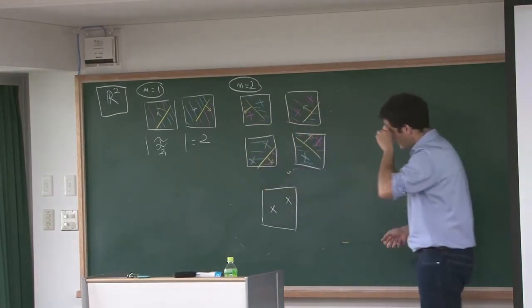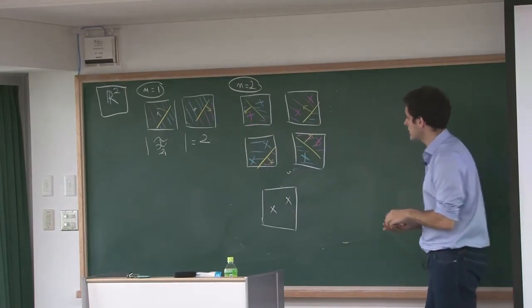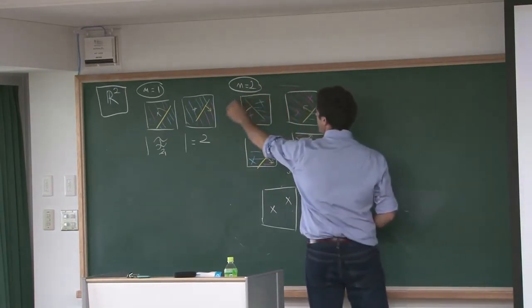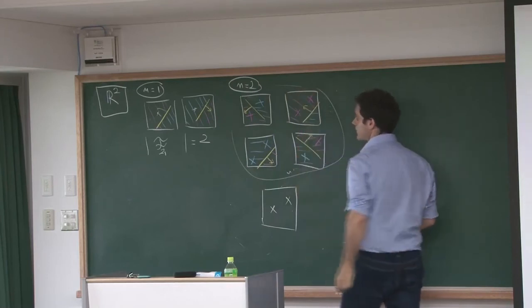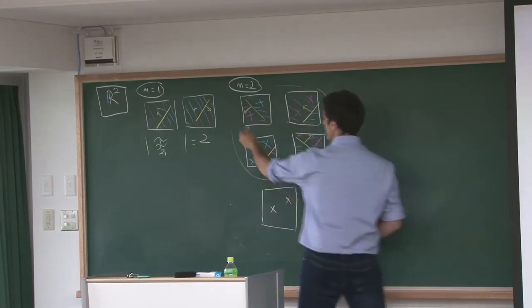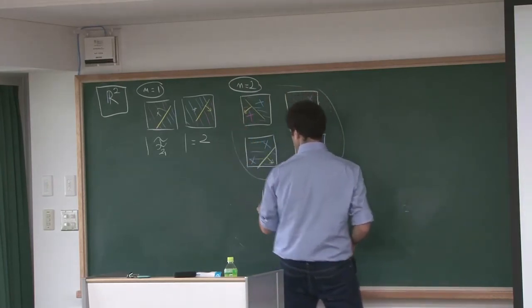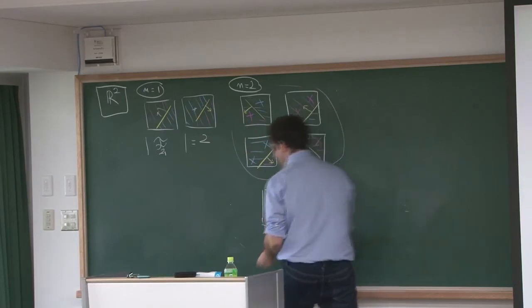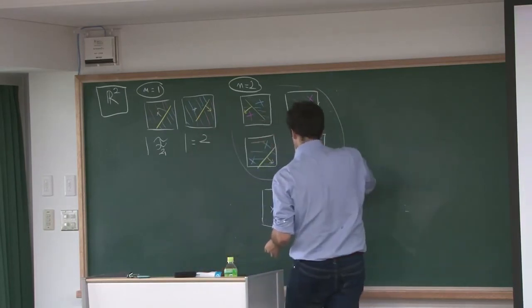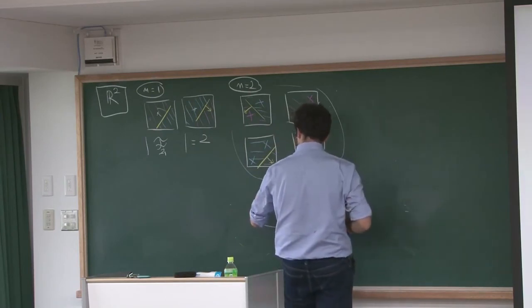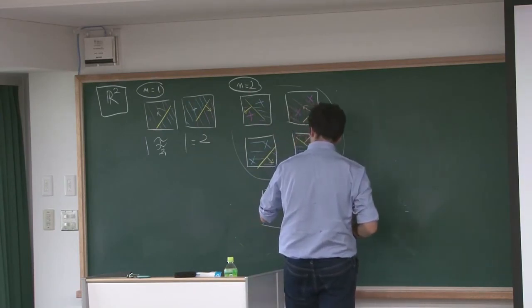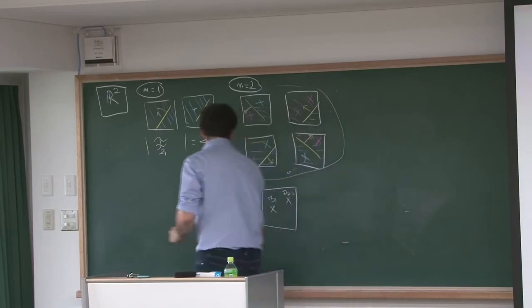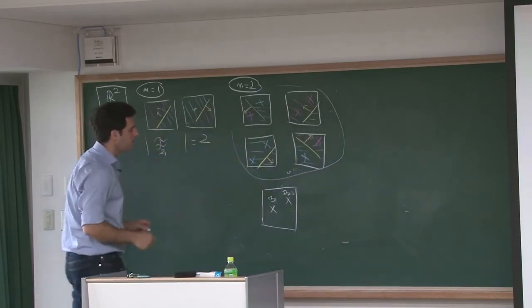Okay? So for 2 points, the number of labelings that I can come up with is... suppose this is z1 and z2.